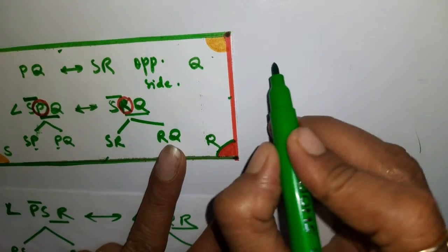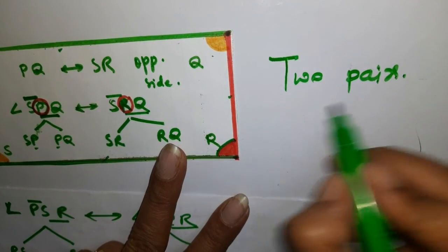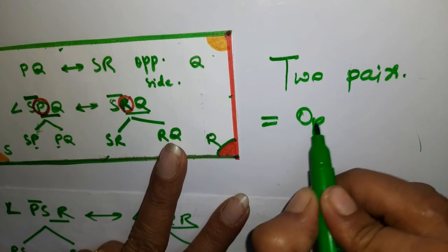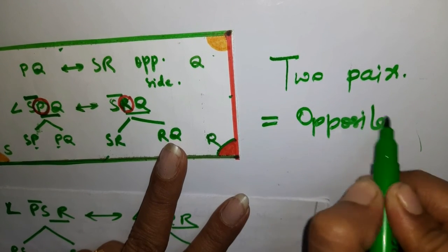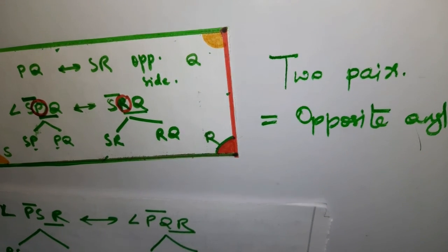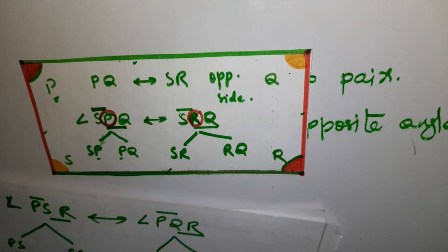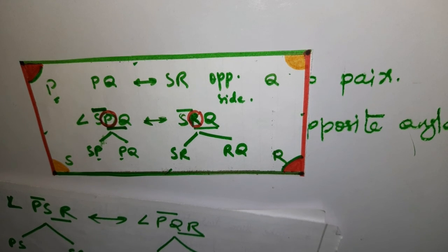How many pairs? 2 pairs. We don't have more than this. Okay, how many pairs are there? 2 pairs. Understood? Okay, so let's talk about adjacent angles. Till then, just keep watching.